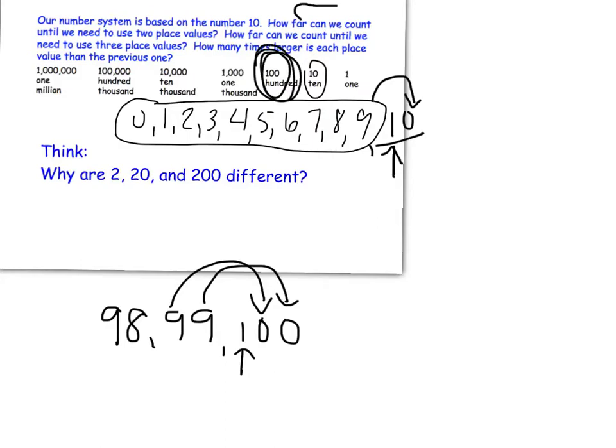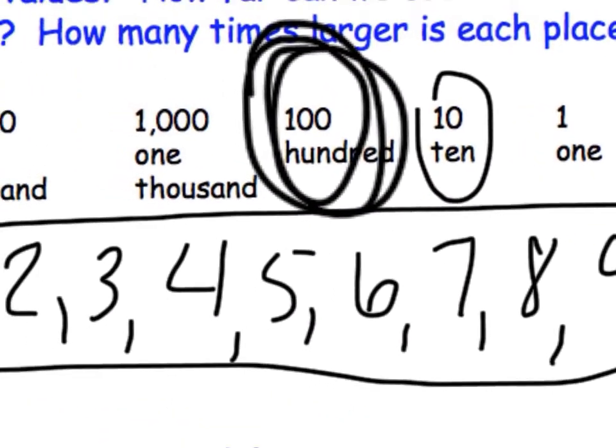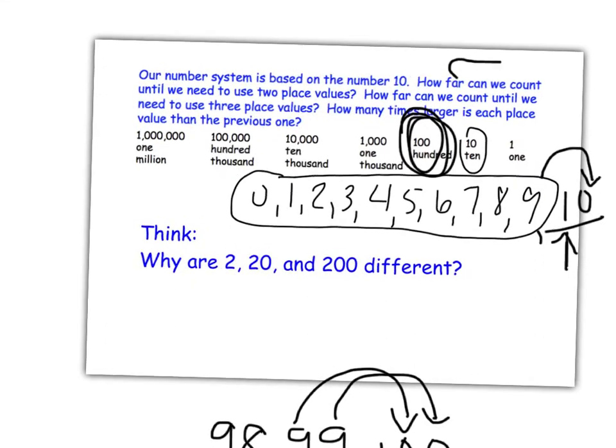I'm zooming in. 100. So let's look at our big overarching question. If you have nothing that you learned from this video, I want you to get this answer. How many times larger is each place value than the previous one? Think time. How many times larger?